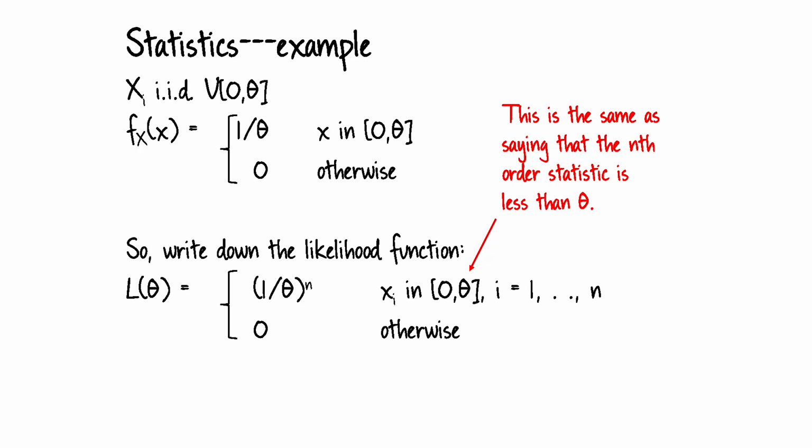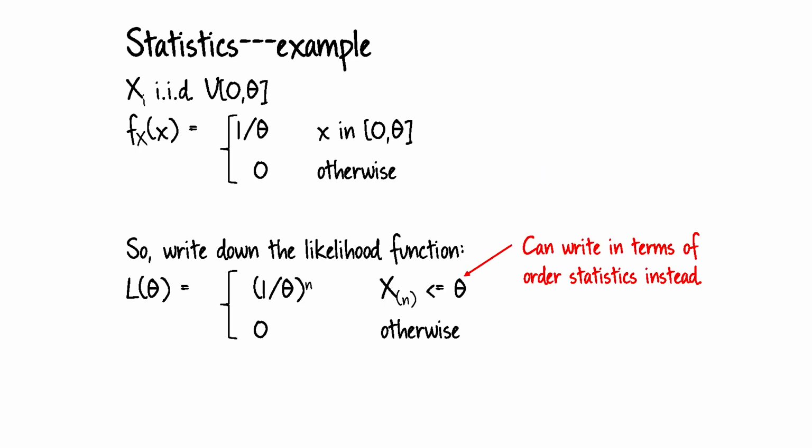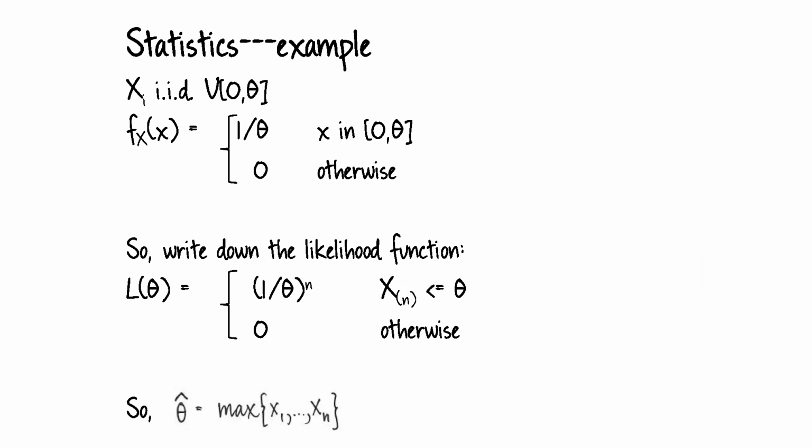You can say all of the x's are in the interval 0 to theta, or the biggest x is less than theta. So we can say it like that instead. And so, what is the value that maximizes this likelihood function? It is in fact the nth order statistic.